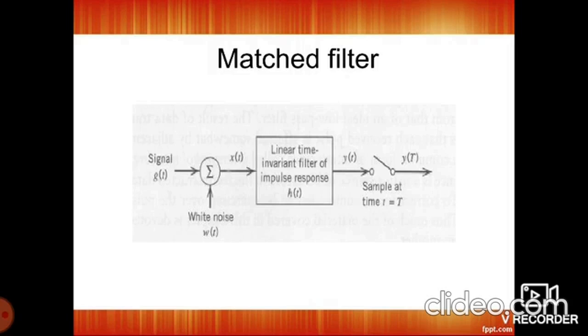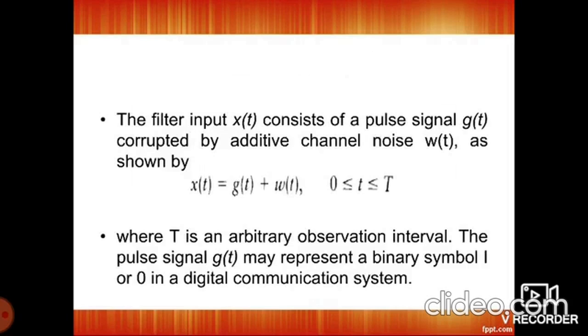It passes through the switch, and it is sampled at the instant of time small t equal to capital T. The filter input x of t consists of pulse signal g of t corrupted by additive Gaussian channel noise w of t, and it is shown as x of t equal to g of t plus w of t, where small t lies between 0 and capital T, where capital T is the arbitrary observation interval.